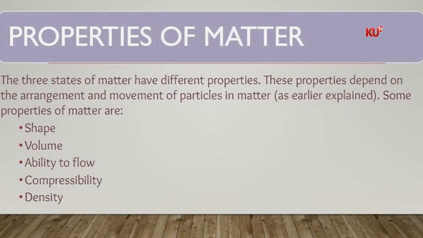We have already discussed that. We have seen how particles are arranged in a solid, in a gas, and in a liquid. We have also seen how these particles are able to move in different states.